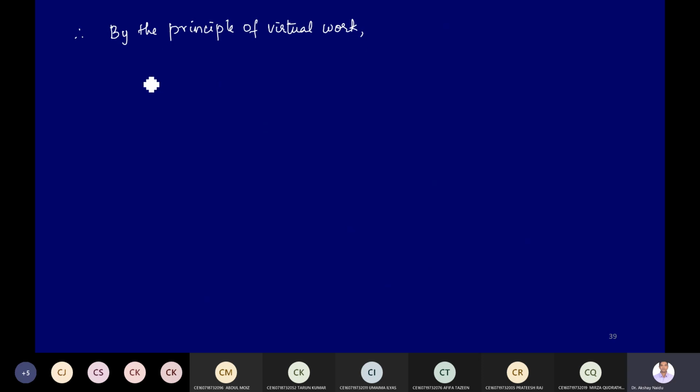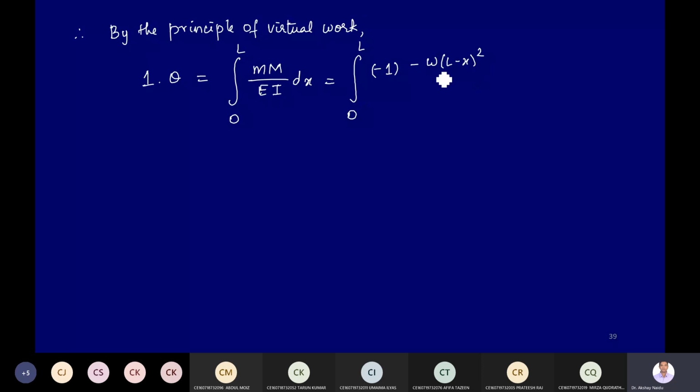by the principle of virtual work, 1 times theta is equal to integral 0 to L small m capital M by EI dx. Small m is minus 1. Capital M is minus W (L minus x) the whole square by 2, dx.